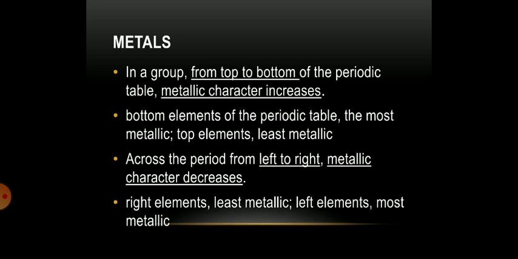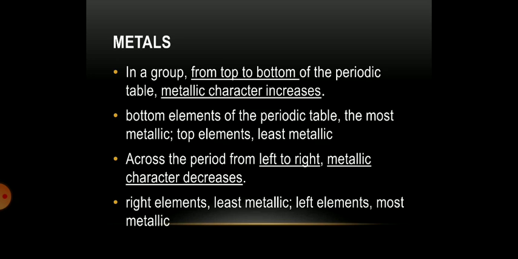If you observe the periodic table, at the extreme left side sodium is present, which is highly metallic. If we move to the extreme right side of the periodic table, at last noble gases are present, and just before them the halogen family is present, which are non-metallic.